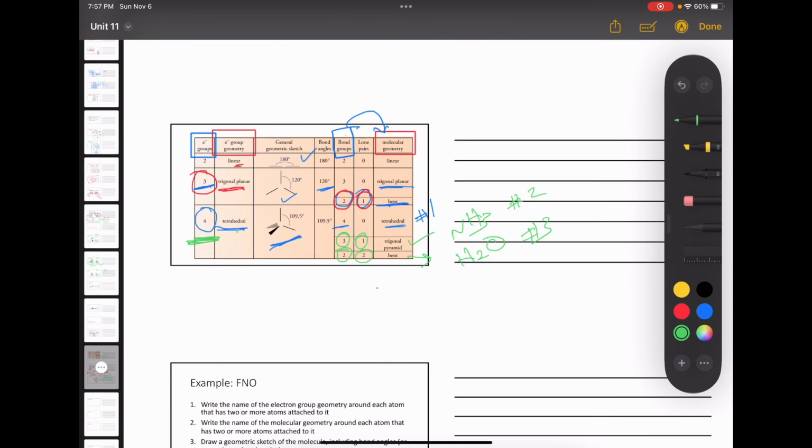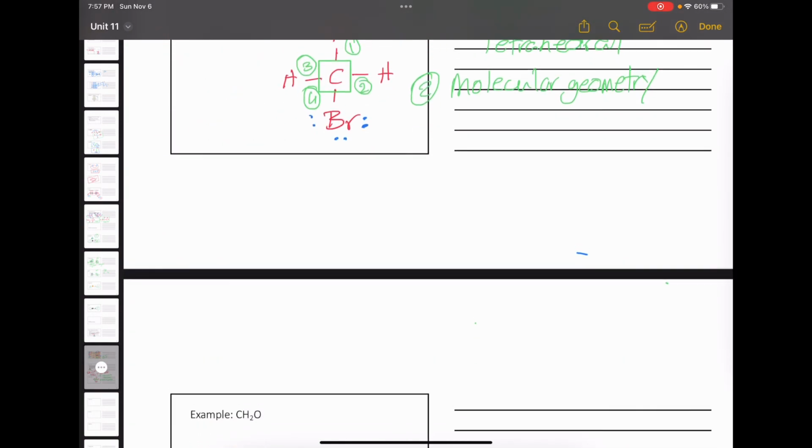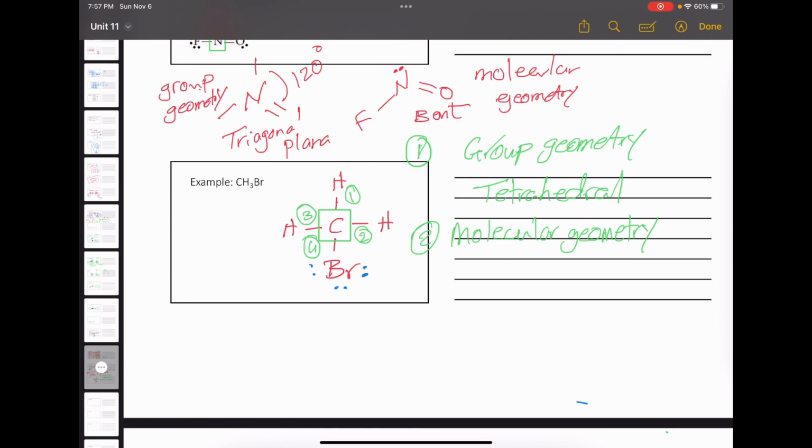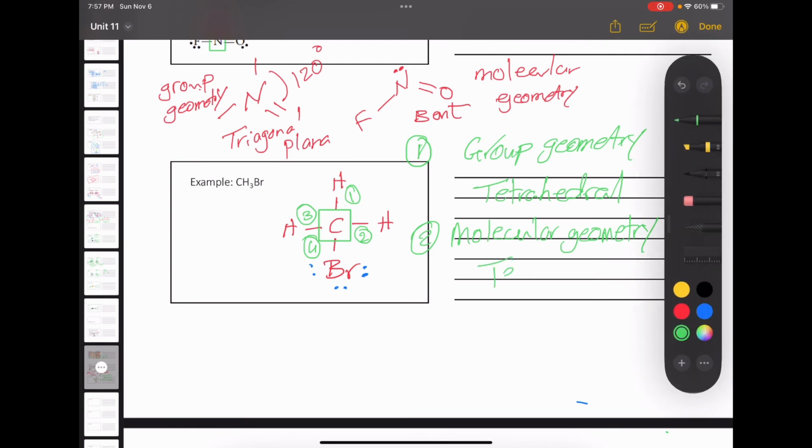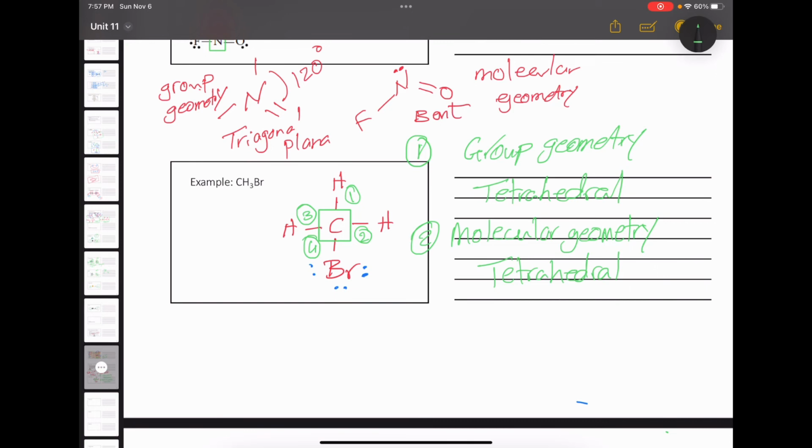And then we look here at the bonding groups. How many bonding groups do we have with CH3Br? We have 4 bonding groups, correct? Because when I look at the CH3Br, I don't see any lone pairs on the central atom. So all the pairs of electrons around the central atom are bonding pairs of electrons. So the molecular geometry as a result will be tetrahedral as well. Now, the next thing we need to do is draw the tetrahedral. So with the tetrahedral, we have the carbon in the center.